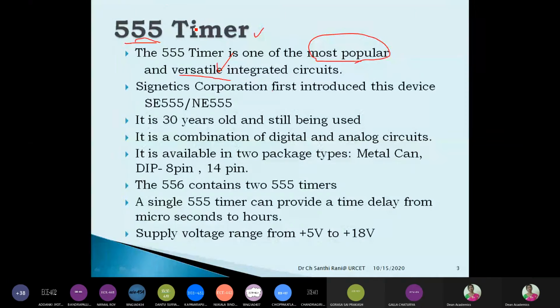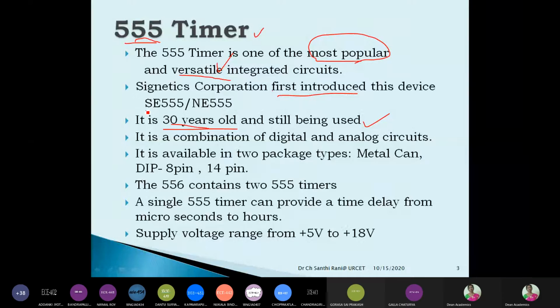And if you observe this second point, it is around 30 years old, and it is still being used, right? It is still being used. This 555 timer IC was first introduced by Signetics Corporation.